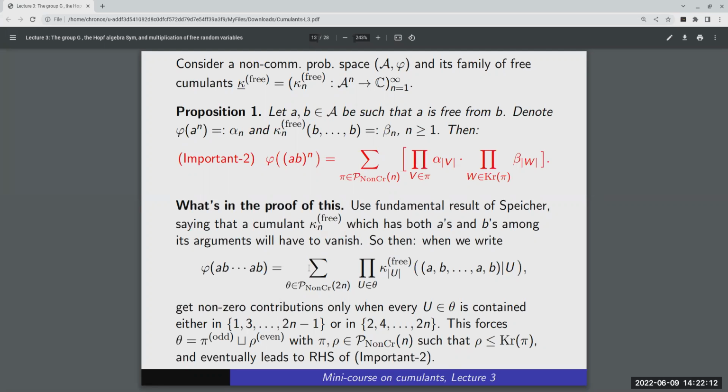Since this is length 2n, you get a summation over non-crossing partitions of 2n points. Here it's a product: for every such non-crossing partition theta, you take all the blocks of theta, restrict your 2n-tuple AB to that block, and take the corresponding free cumulant. But if you make the mistake to have a block U which picks both A's and B's, it's gone. So you must only take the blocks U that are pure.